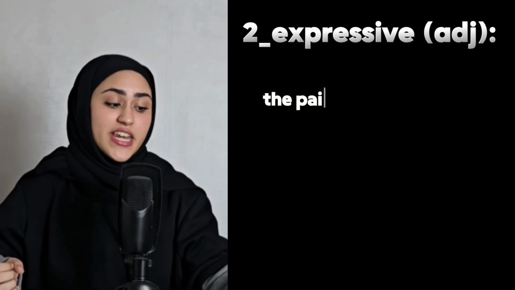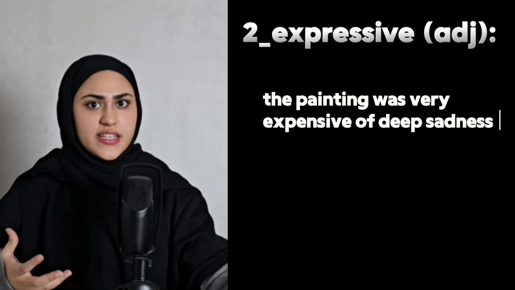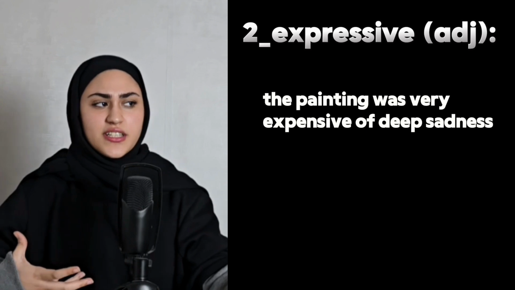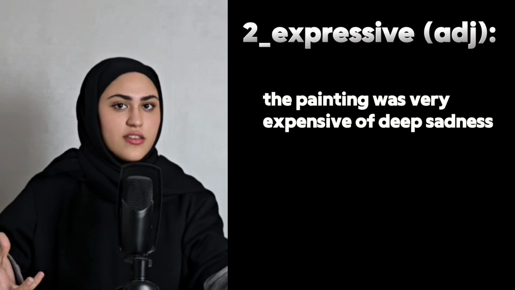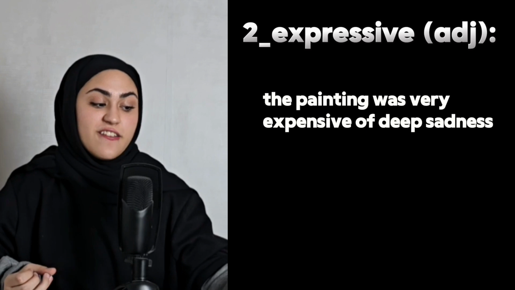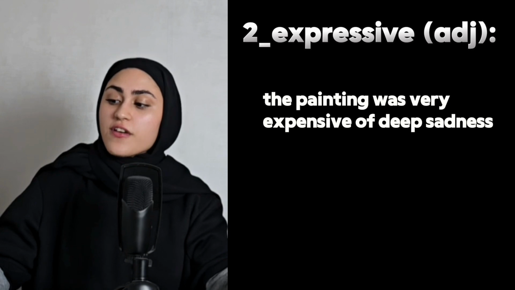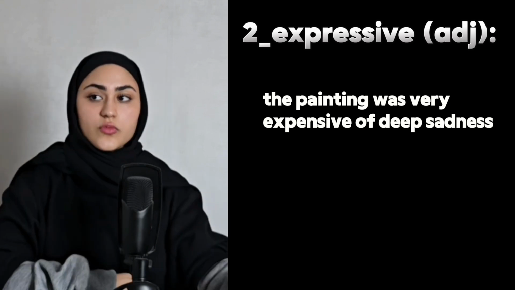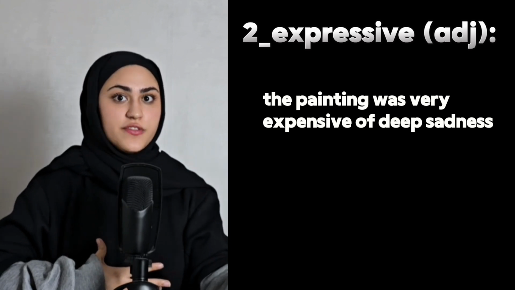Here it says the painting was very expressive of deep sadness. For example, an artwork can be expressive of some emotion or some thought. Here it says the painting was expressive of deep sadness. For example, a picture of a girl crying, or a song. As I said, an artwork can be expressive of some emotion.